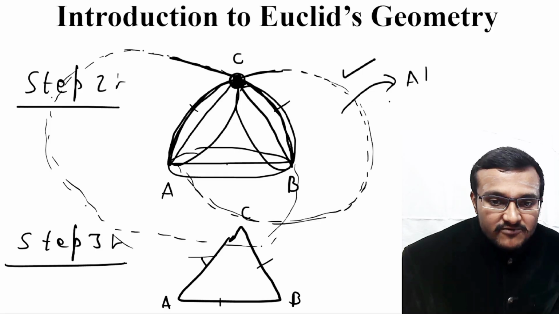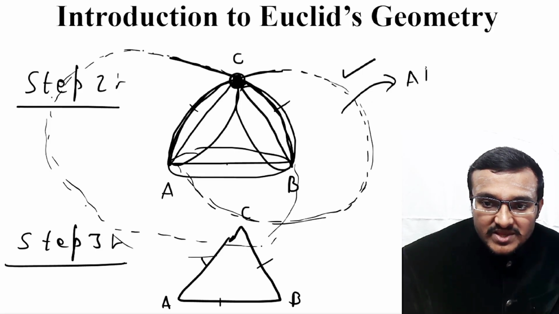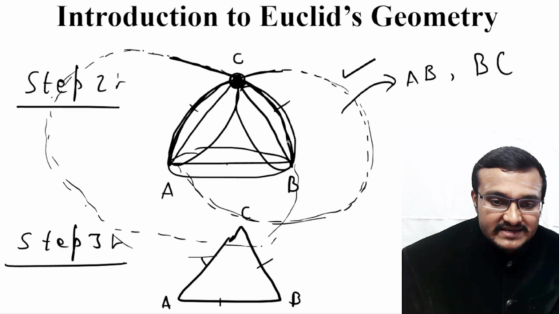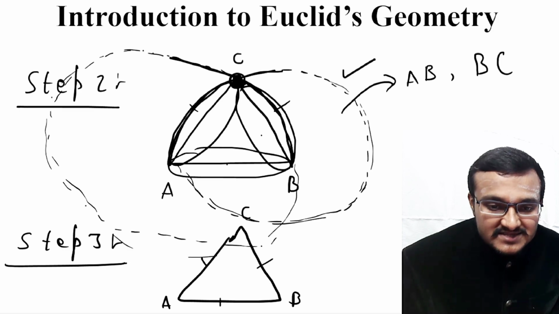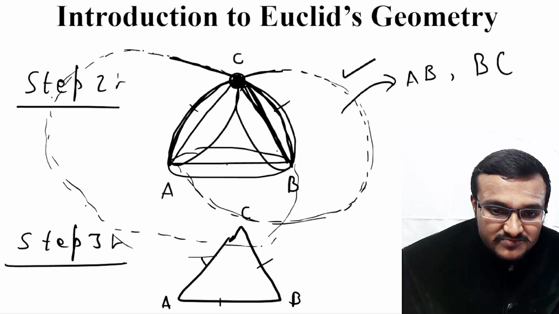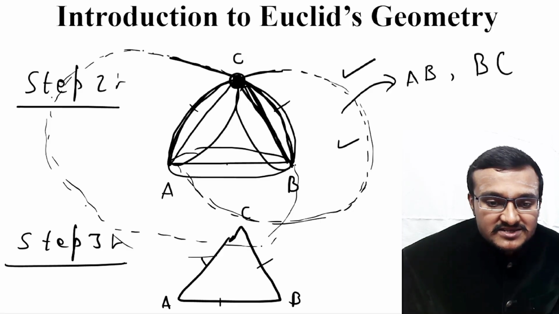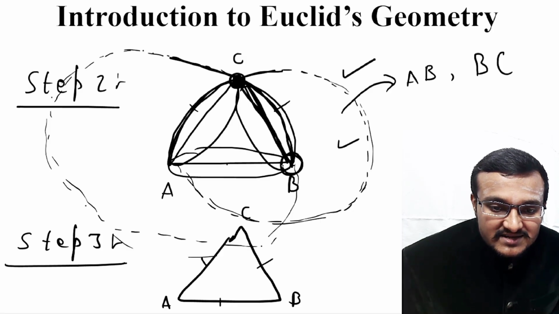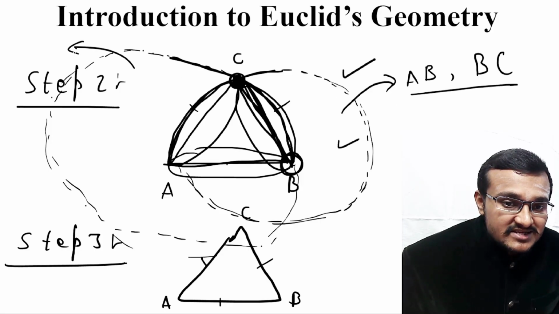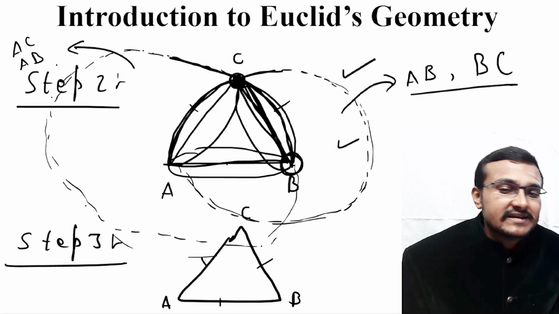So that means for this particular circle, AB and BC are the radius. You can clearly see for this circle, BC is also a radius because B is the center for this particular circle. So since B is the center, AB and BC will be the radius of this circle. And for this particular circle, AC and AB are the radius.